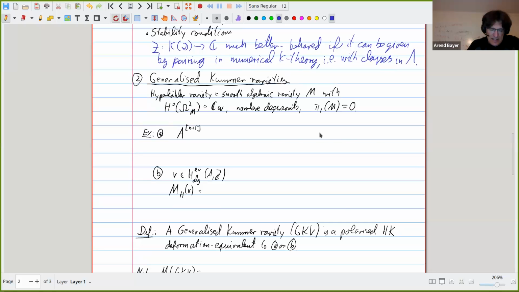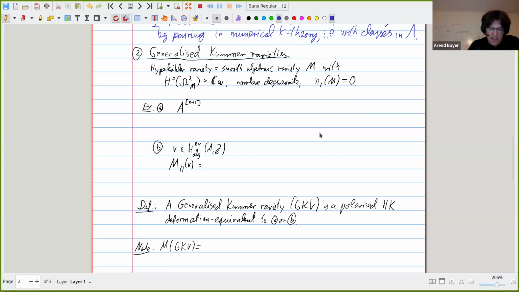Okay, so then the second motivation for this construction comes from Hyperkaehler varieties. And here is where I want to explain what this word generalized Kummer varieties means.